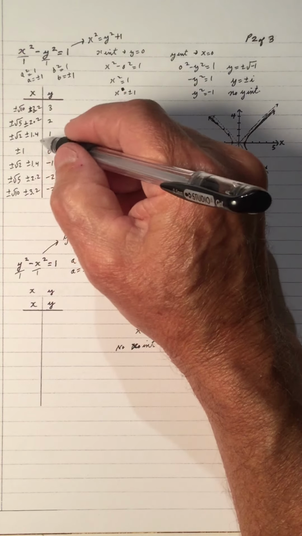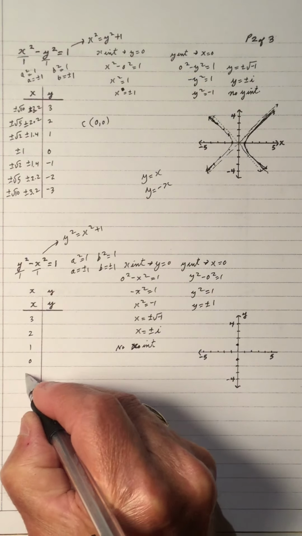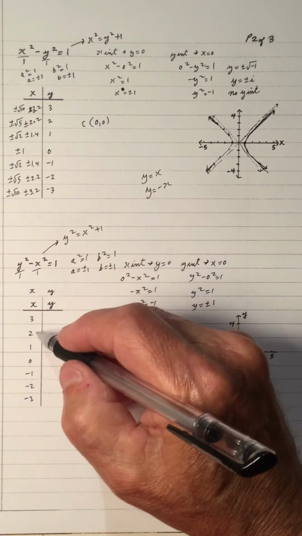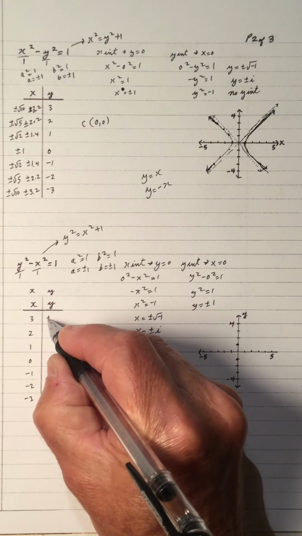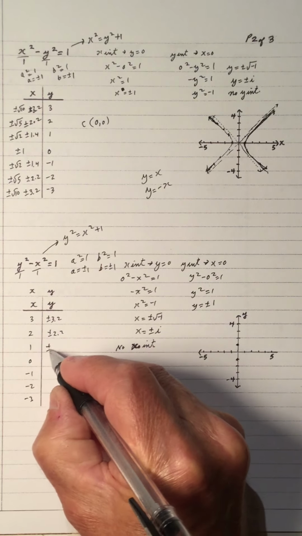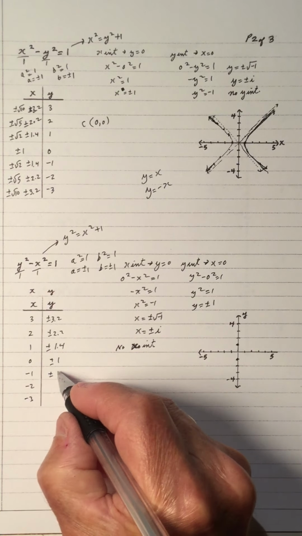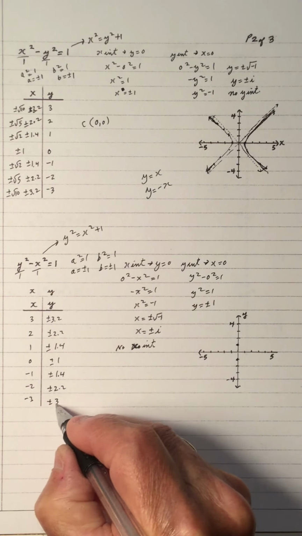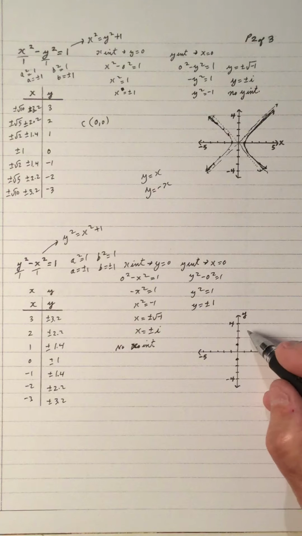We put in x values of 3, 2, 1, 0, negative 1, negative 2, negative 3, and we get the same values as before: plus or minus 3.2, plus or minus 2.2, plus or minus 1.4, plus or minus 1.